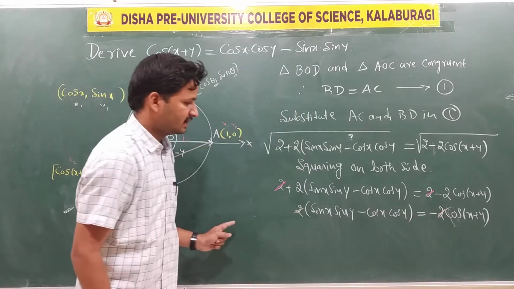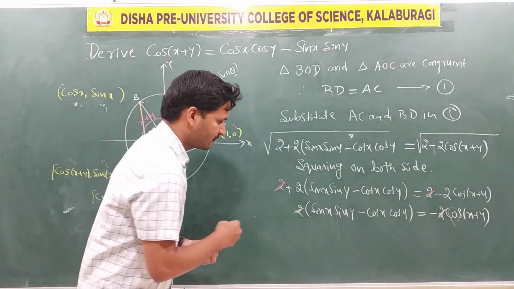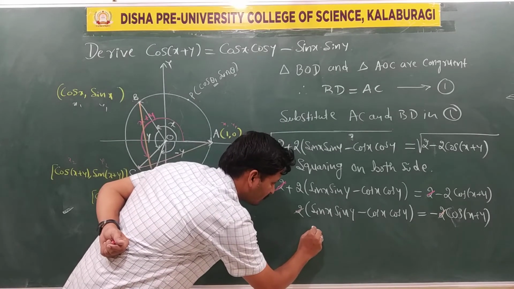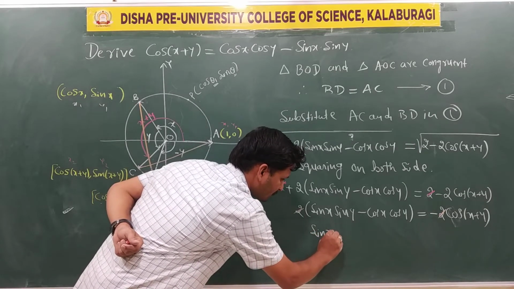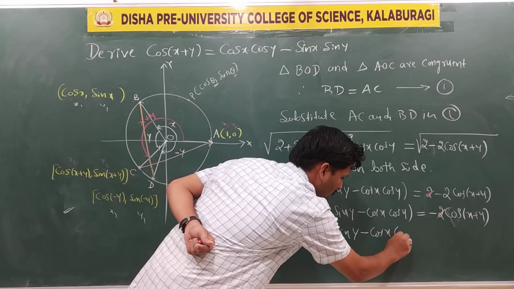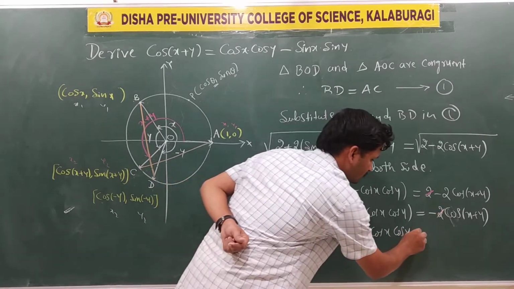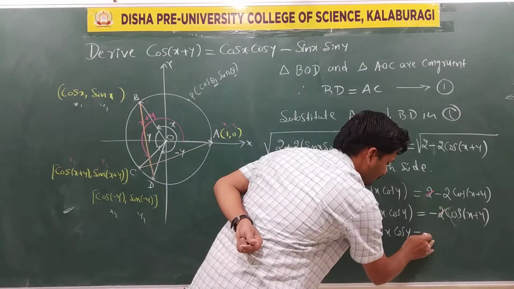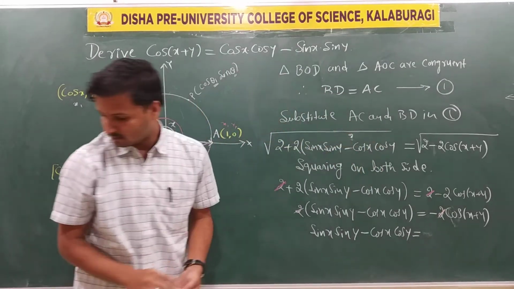Okay, so just multiply throughout by the minus sign. So what exactly will you get? Otherwise, just write down sin x sin y minus cos x cos y equals minus cos of x plus y. Or just wait a minute.